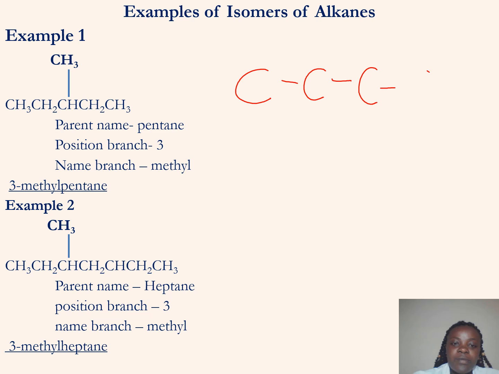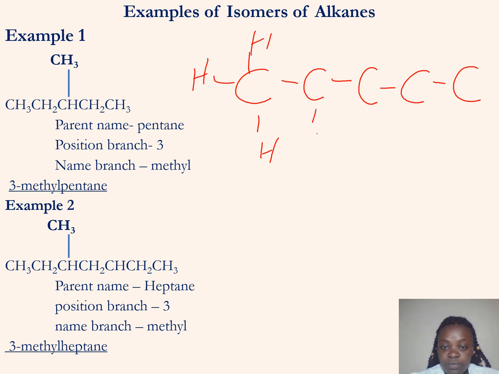So we have 5 carbon atoms: 1, 2, 3, 4, 5. The first one has 3 hydrogen atoms. The second one has 2 hydrogen atoms. The third one has 1 hydrogen atom and a branch of methyl group.